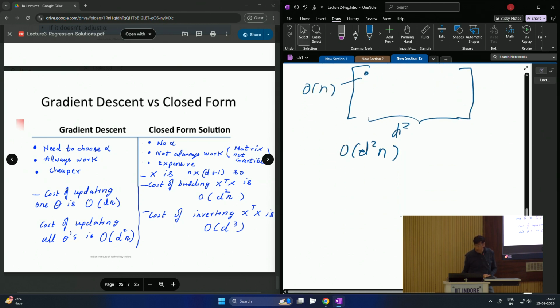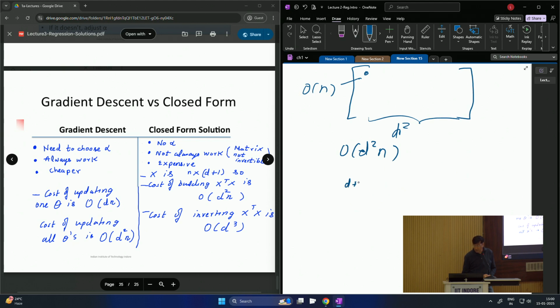Now what happens? Once you have built the matrix, the dimension is D plus 1 cross D plus 1, which is nearly D square. It's, the dimension is D if you want to just ignore the plus 1. So what's the complexity of inverting such a matrix? The complexity of inverting an n-dimensional matrix is n cube, so a d-dimensional matrix is d cube.